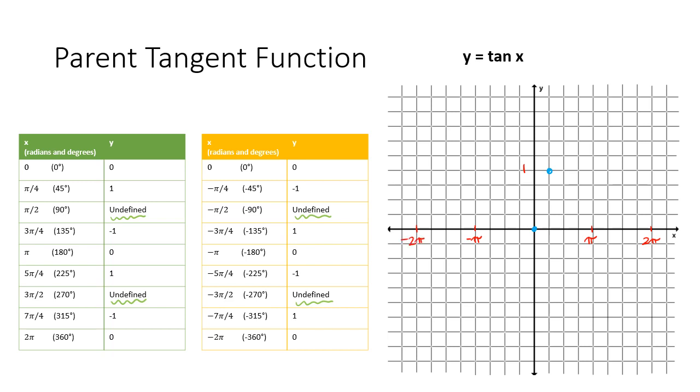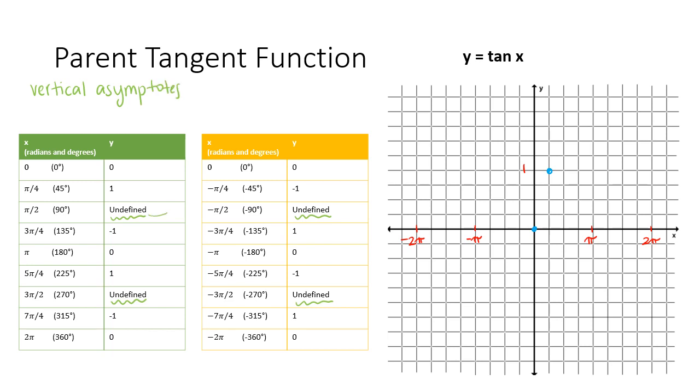So what happens then when I get to pi over 2 and my y value is undefined? Well, we're actually going to think back to last chapter. What happened when we had values that caused the function to become undefined? We called those asymptotes. So all of these undefined points are going to become vertical asymptotes. So we'll have a bunch of them, in fact.